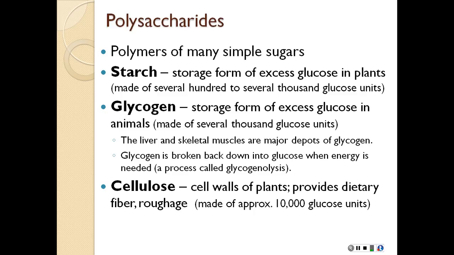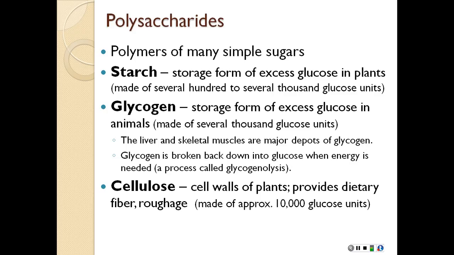And then cellulose is found in the cell walls of plants, and we consume vegetables mainly for that reason, because of the roughage that it provides to the diet. So cellulose, the interesting thing about cellulose is it's what type of molecule? What type of molecule is cellulose, starch, and glycogen? Cellulose, starch, and glycogen are all polysaccharides.